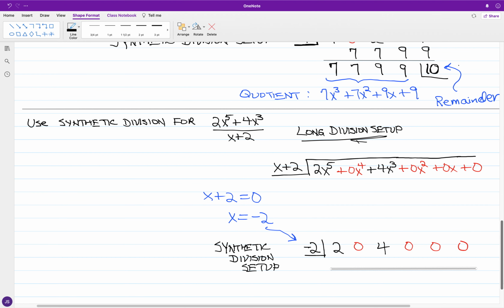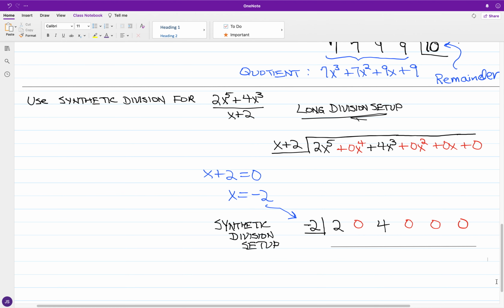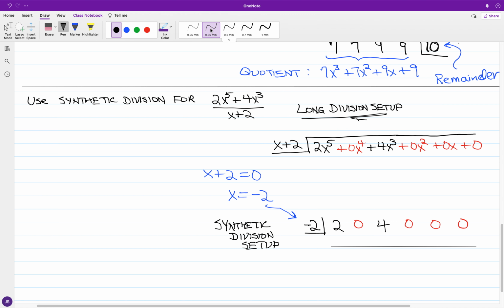Where long division involves row by row subtracting, synthetic division involves column by column addition. So we start out with the leading coefficient, the 2 from 2x to the 5th, which is brought down.